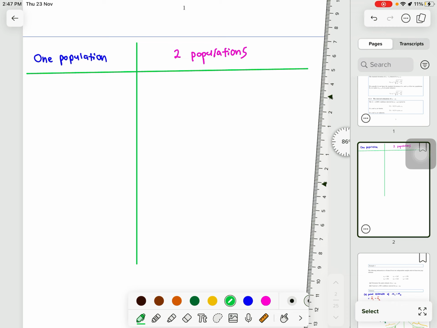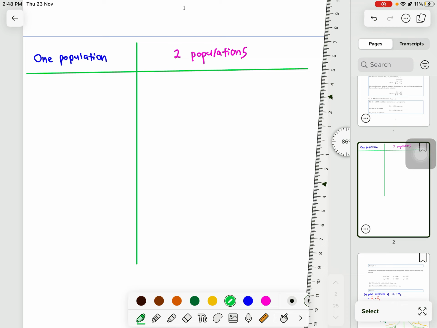For one population, we study, remember, we learned about the difference between parameter and statistic, and we estimate the value of parameter by the value of statistic. Same goes for two populations. Some revision about what we have learned before about one population.